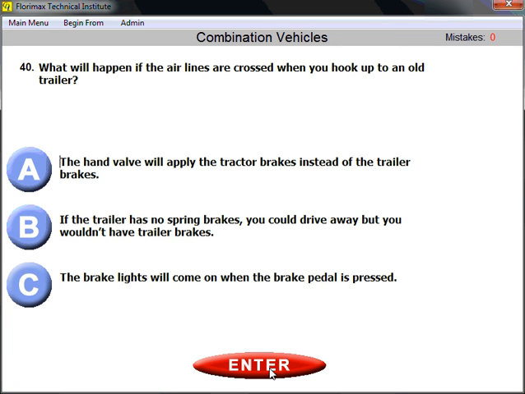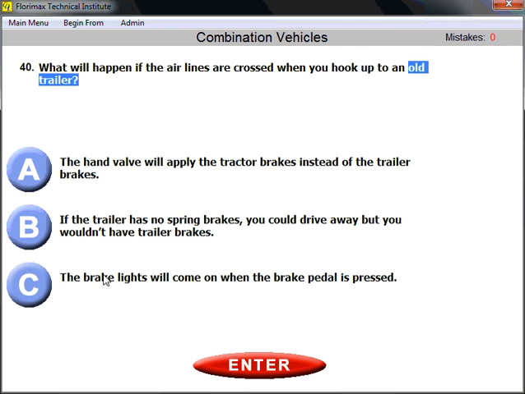Question number 40. What will happen if the airlines are crossed when you hook up to an old trailer? When you read old trailer, it should immediately come to your mind that an old trailer doesn't have spring brakes.